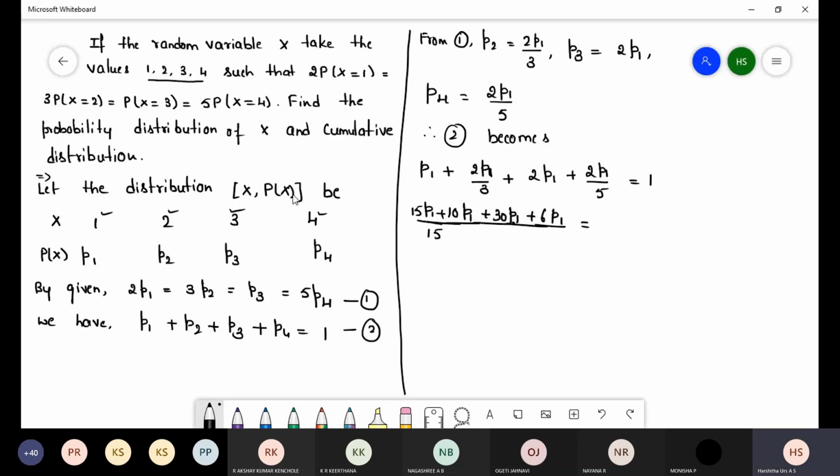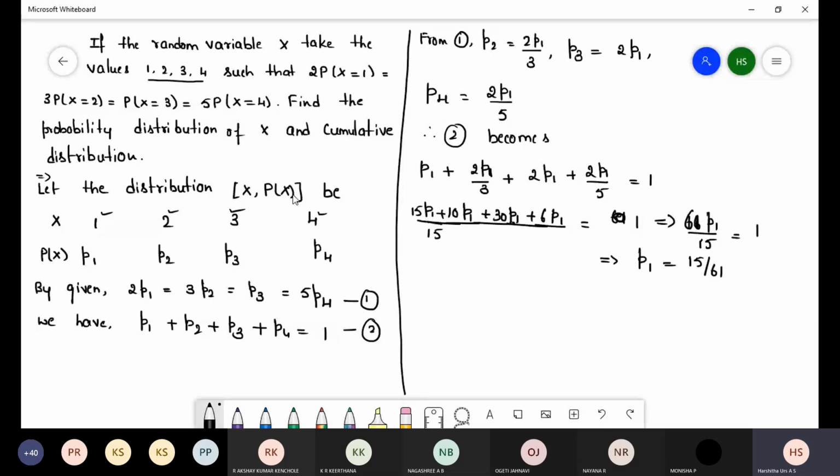So here we get 40. 40 plus 15 is 55 plus 6 is 61. Here I will write equal to 1. So 61 P1 divided by 15 is equal to 1. So that means P1 is equal to 15 divided by 61.